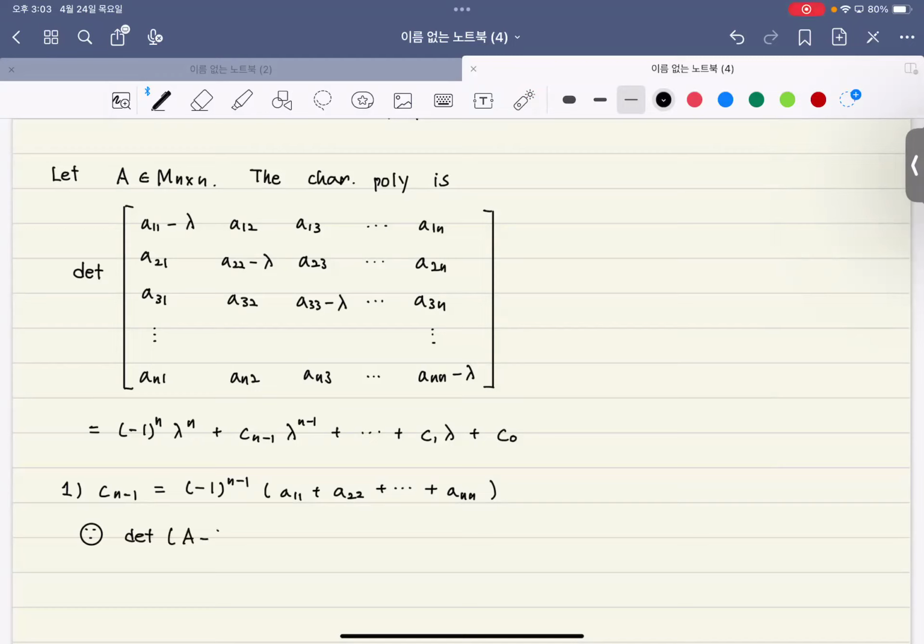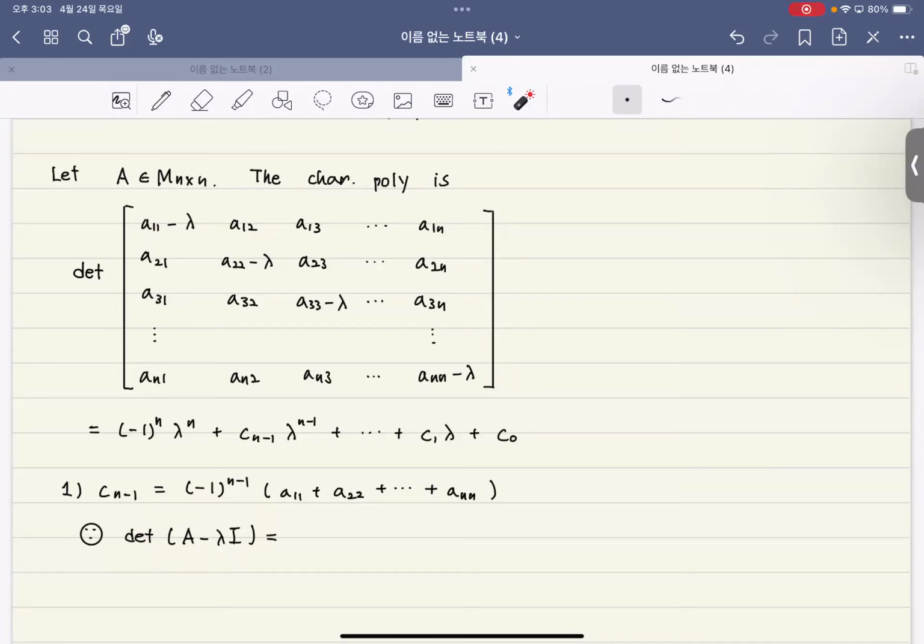The determinant of A minus lambda I consists of n factorial main terms, and each of these terms is given by choosing, for each row, one column.